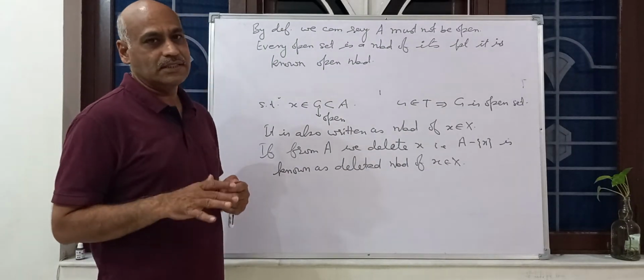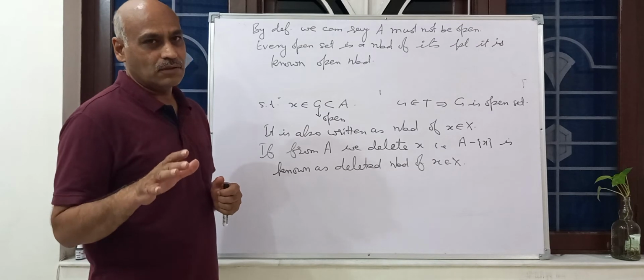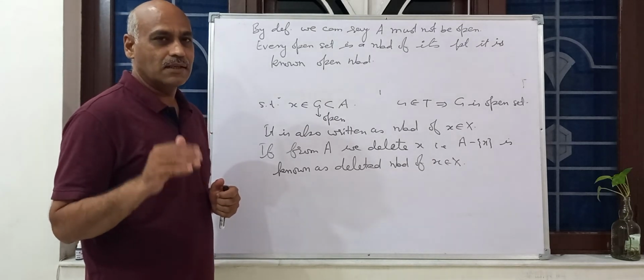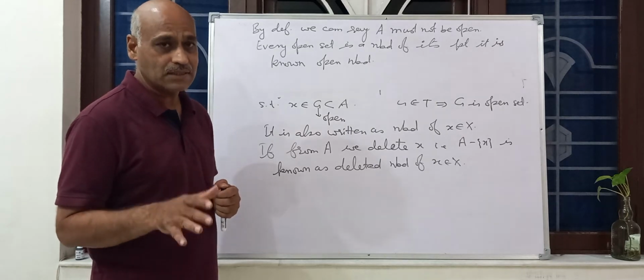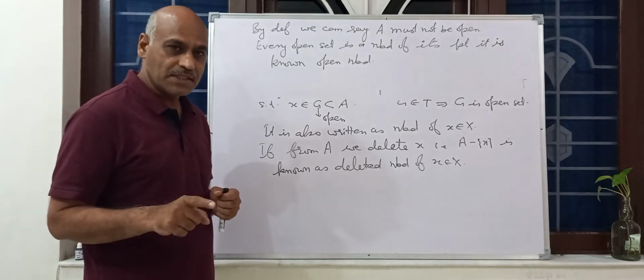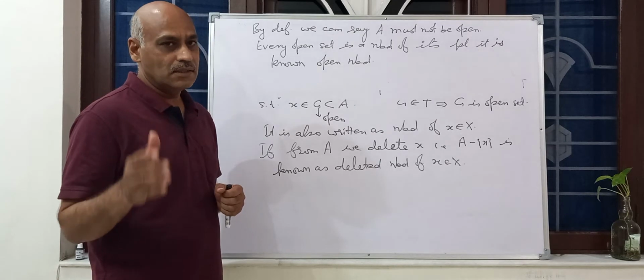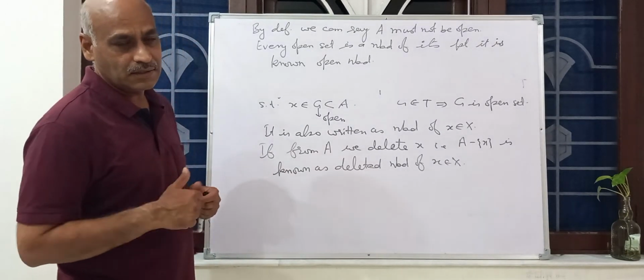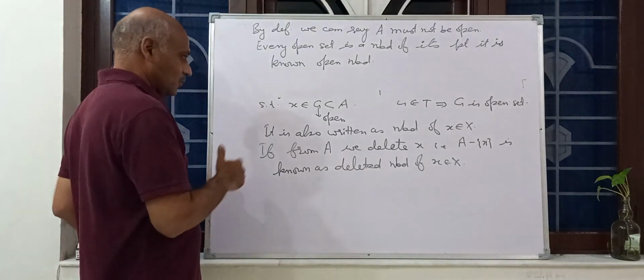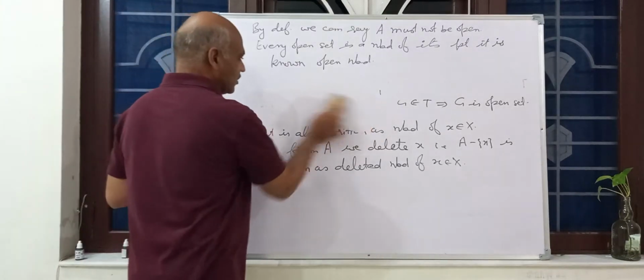So finally, the definition of neighborhood: a set A subset of X is said to be a neighborhood of a point x belongs to X if there exists an open set G such that x belongs to G subset of A, meaning containing x and contained in A. So this is the definition of neighborhood.